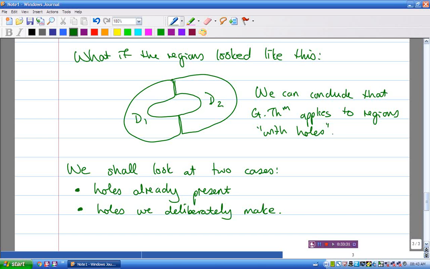So what we then do is we say, well, we desperately want to use Green's theorem. We desperately want to avoid doing the line integral and rather use the double integral. So what we're going to do is draw a little dotted line around the point that's the problem, and define a new region that's actually the region without that point.